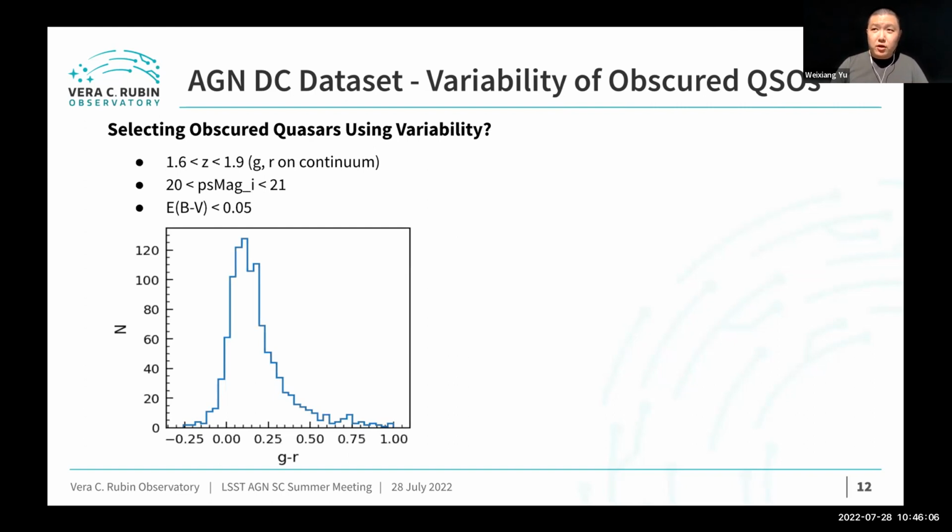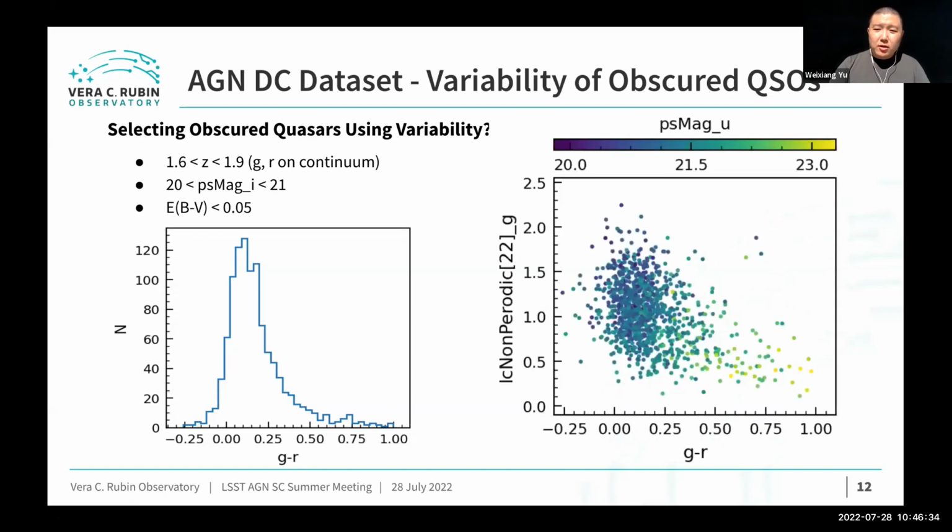I excluded those that have high galactic extinction, and plotted the G-R color. You can see that there are some objects that have excess color, and then I did some exploration, basically looking for correlations between the G-R color and the variability metrics that we computed, and we did find something that's very interesting.